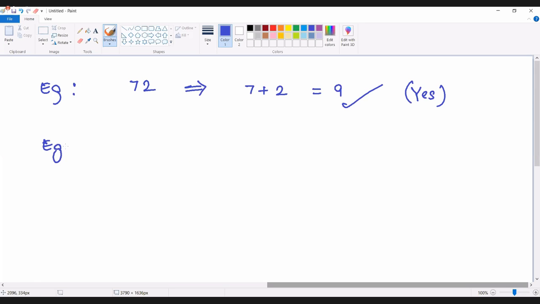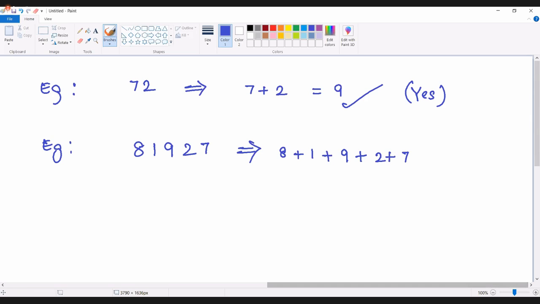You no need to manually check. Let me take one more example. 8, 1, 9, 2, 7. Is it divisible by 9 or not is a question. What you can do, you can directly check the digital sum. 8 plus 1 plus 9 plus 2 plus 7.